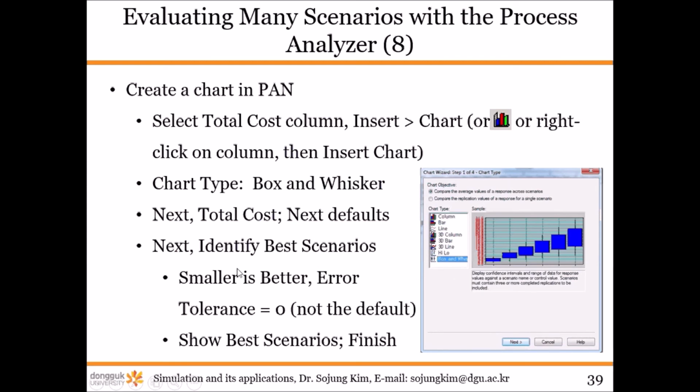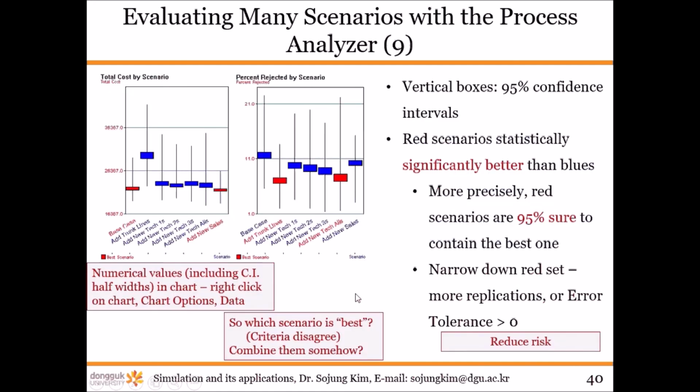But in order to identify the best scenario, you need to specify the option. In this case, smaller is better. So I already gave you this option, with error tolerance equal to 0, and as a result, the chart will select the best scenario based on your given option, for the total cost as well as the percent rejected.